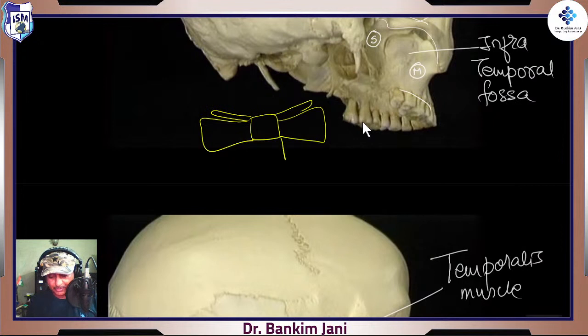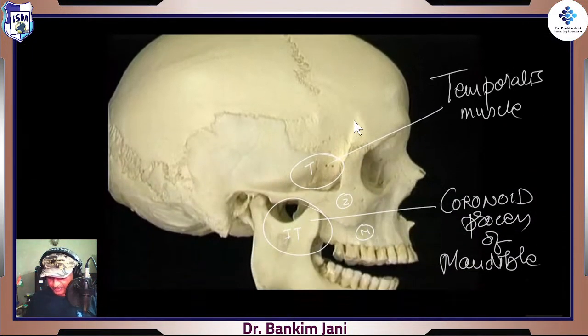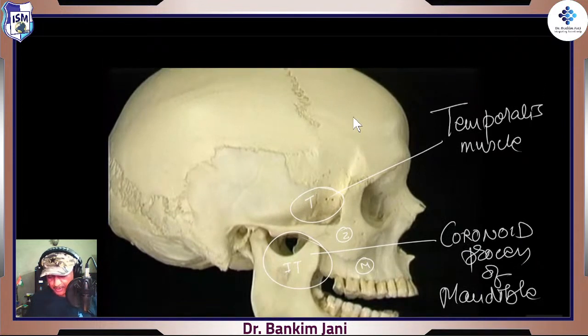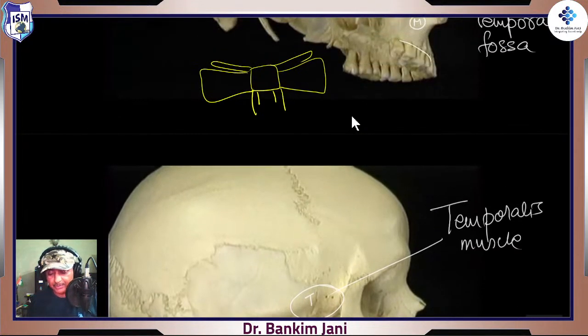And then there were pterygoid plates, correct? Two pterygoid plates, and those pterygoid plates were going down. Greater wing and lesser wing were on both sides. Just behind it, if we remove this zygomatic process, we'll be going over there.